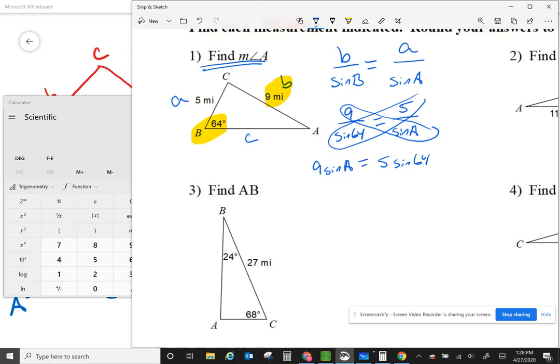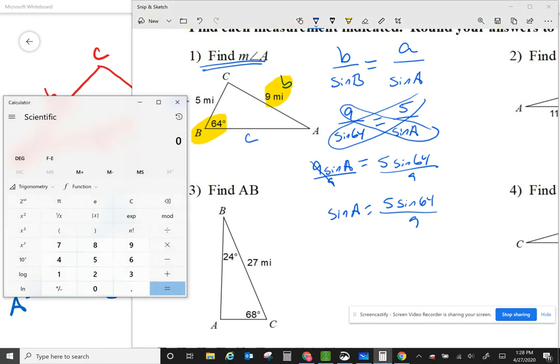Divide both sides by 9. I have that sine of A is equal to 5 times sine of 64 over 9. Let me get to that point for right now. I'm going to use parentheses for the top.